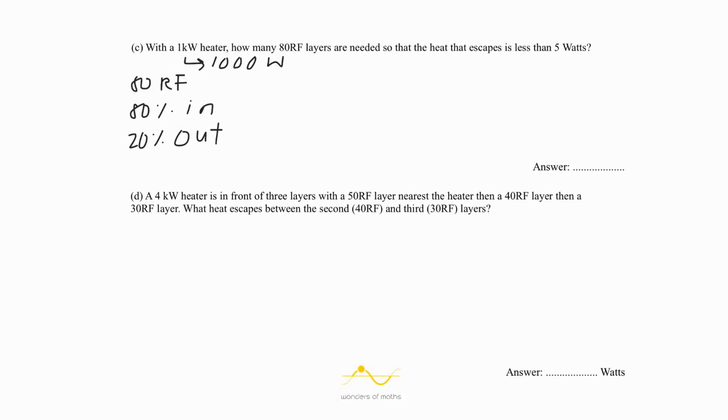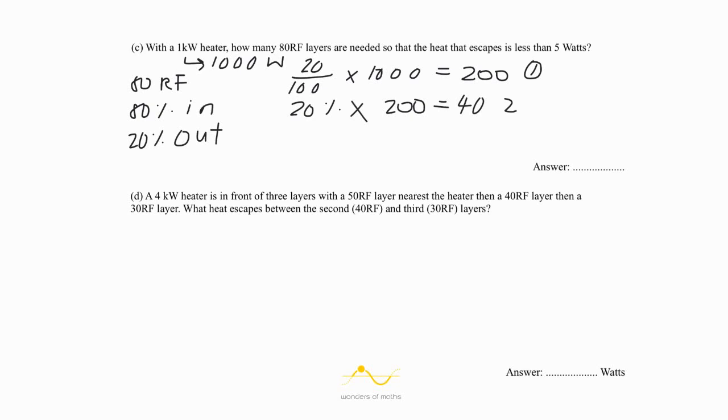So, if we do 20%, or 20 over 100, times 1,000, we get 200. That's our first layer. Now, we have to do 20% of 200, which gives us 40. That's our second layer.